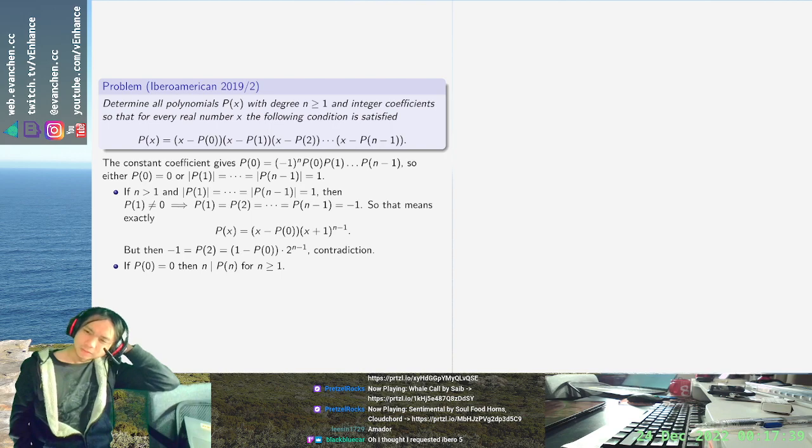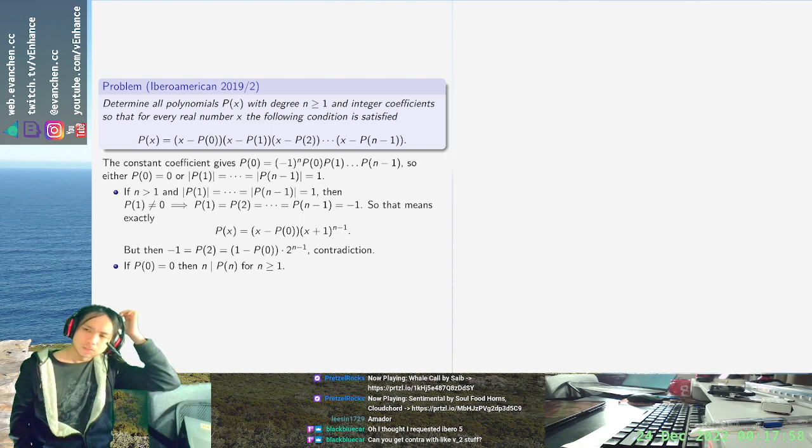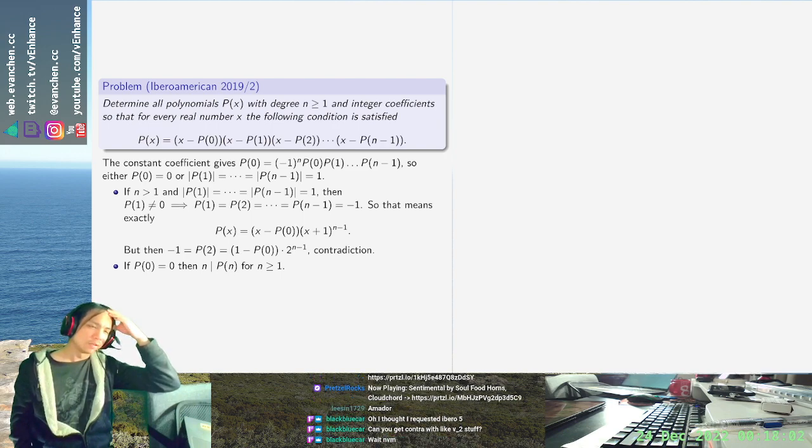Was x equals 0 supposed to be special though? So when n equals 2, I got a mod 2 issue when I plugged in x equals 1. Can I replicate that here?